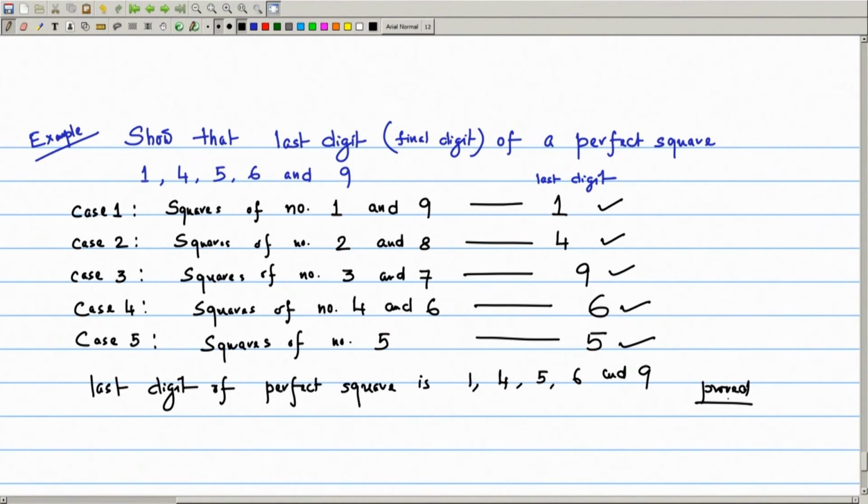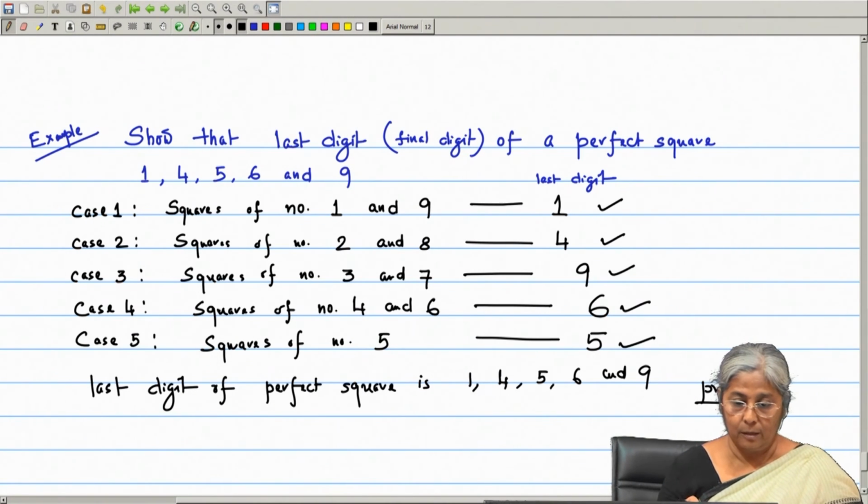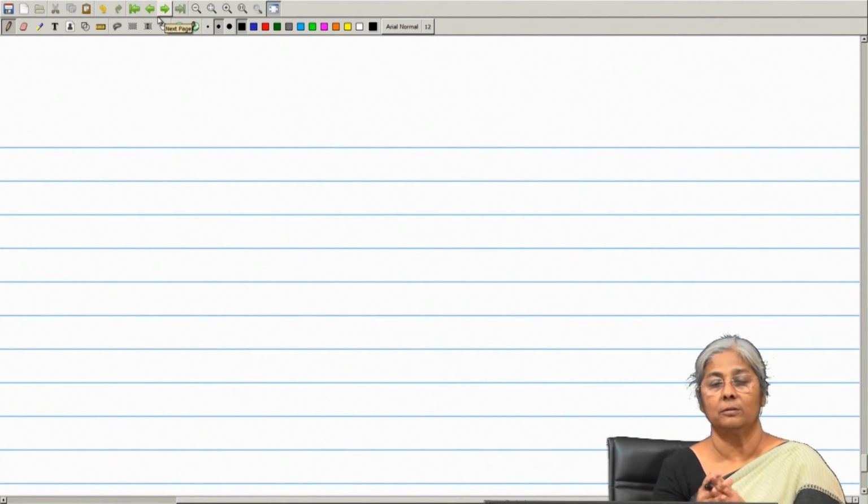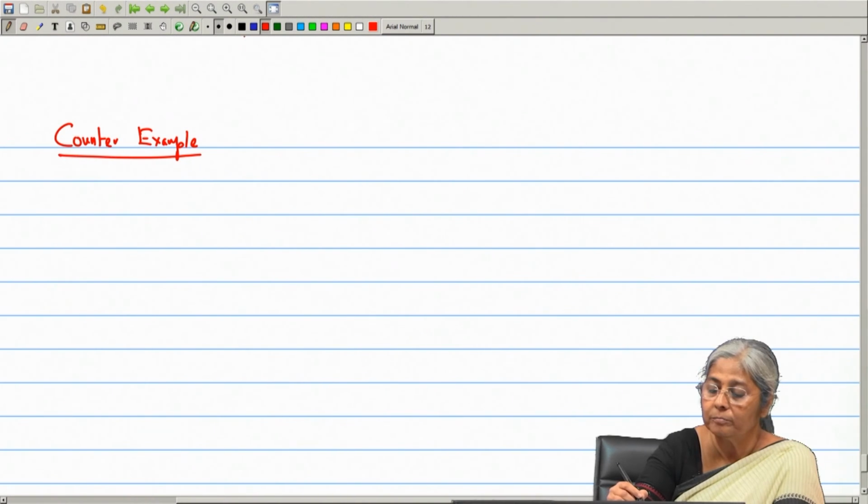Many times one complex proof becomes very simple if we partition it into cases. Now, there are many other different techniques which are actually derived from direct or indirect. One such is proof by counterexample.